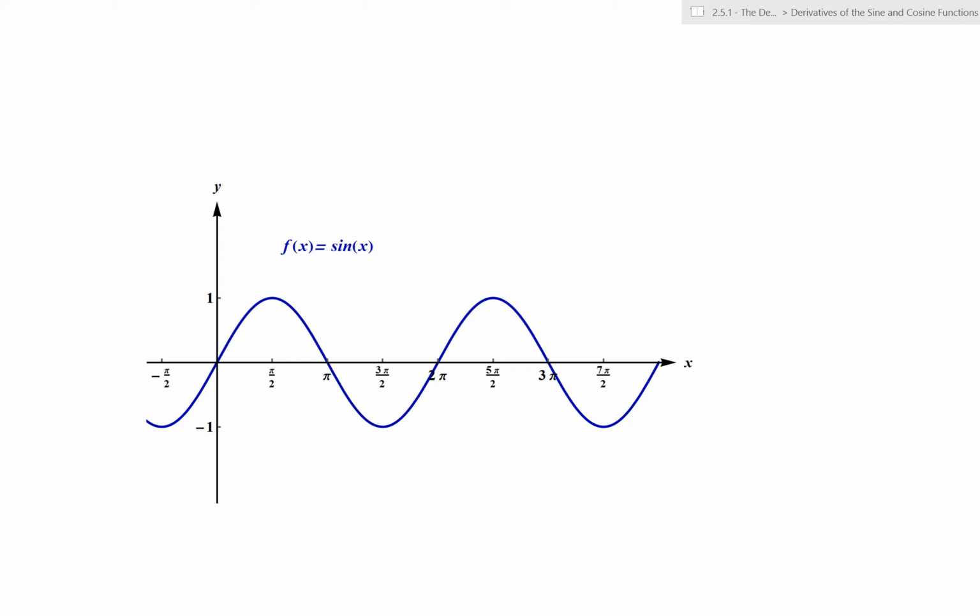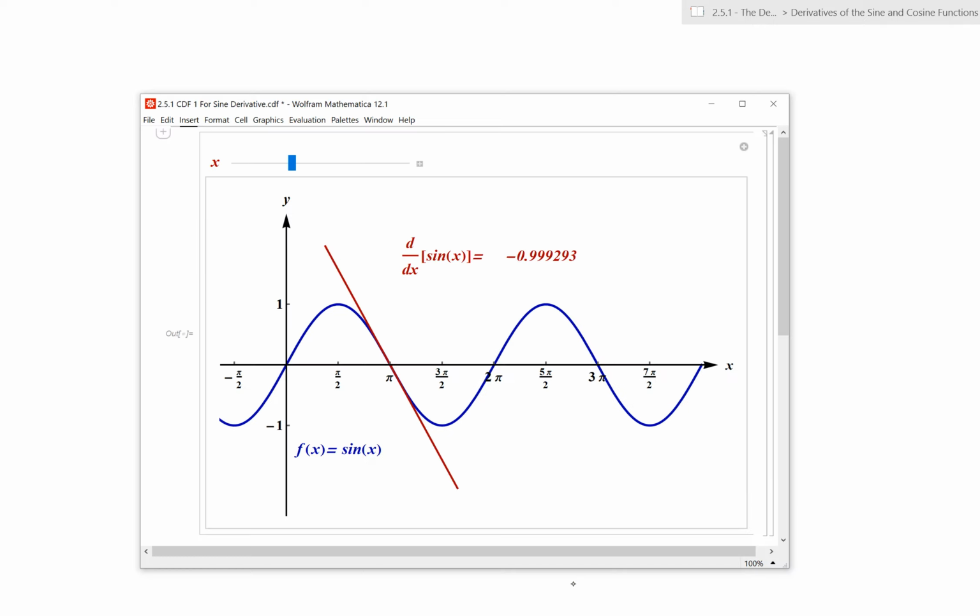Now, I'm going to pull up a picture here. So here's the sine function once again, but now we have a little dynamic situation going on. As we move through, we can see the tangent line changing, and up here is the actual value of the derivative of the sine function.